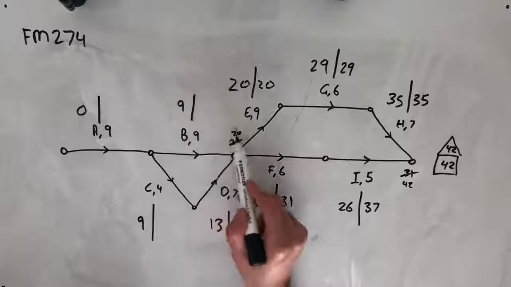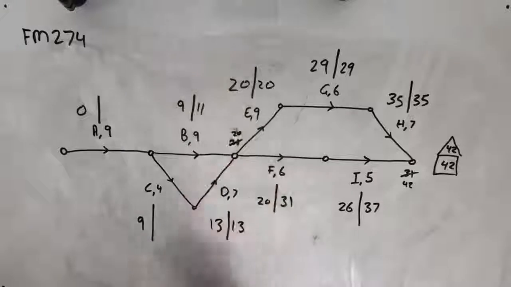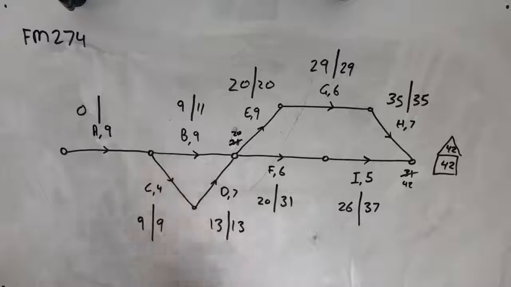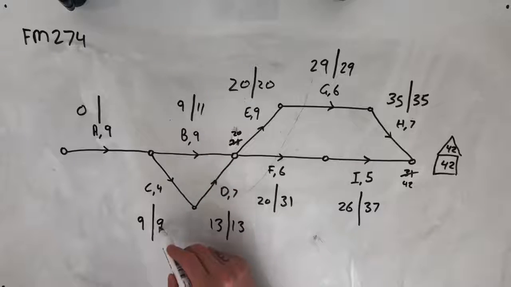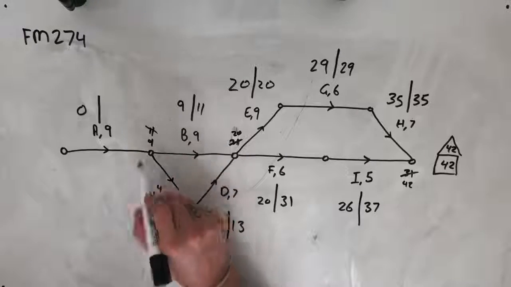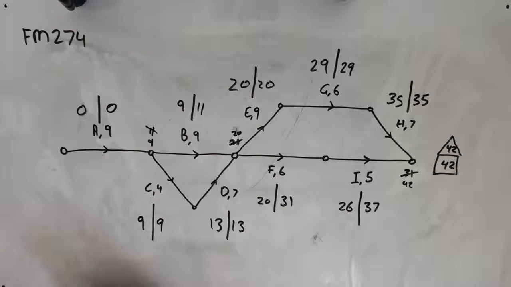And for B, we're also going to remove that from 20. So we take 9 away from 20 to give us 11 here. C is going to be 4 down from 13, so a latest starting time of 9. And once again for A, we're looking either between a latest starting time of 9 or 11, and we're going to work down from the 9, which means subtracting 9 gives us a 0.